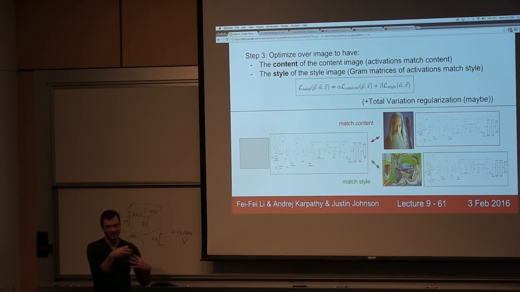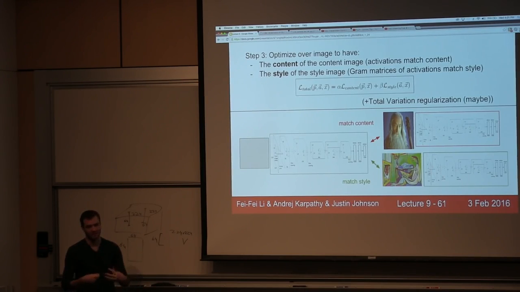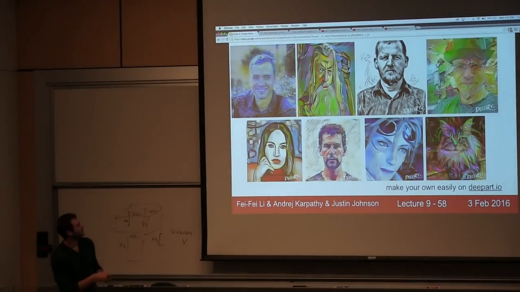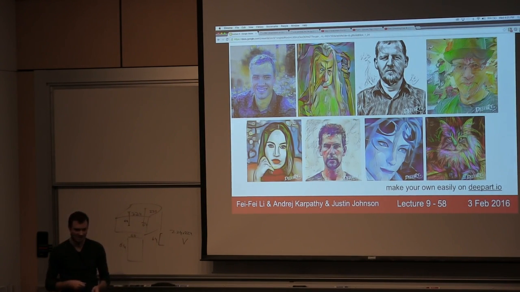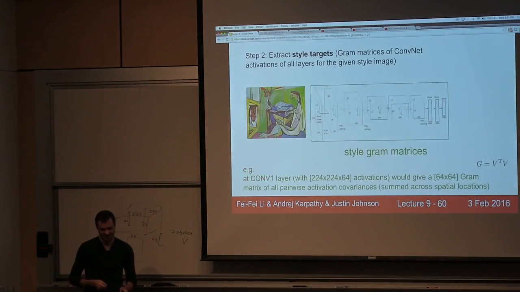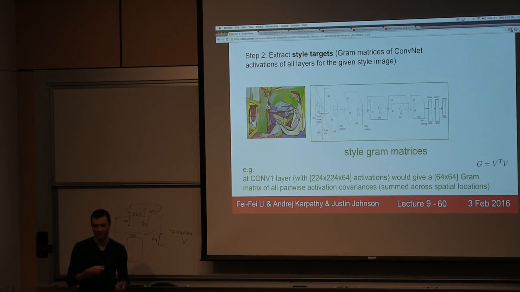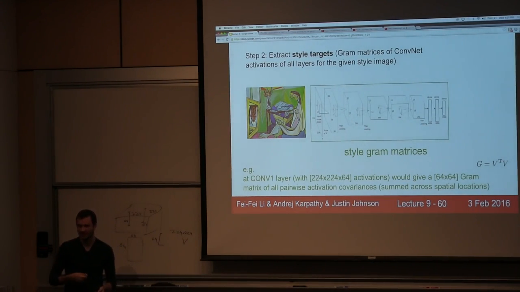It will look like a Picasso painting, but it will be completely permuted because all the spatial information is not reconstructed very well. The style mostly just tells you about the kinds of strokes that you have. For example, here in the Van Gogh, these brush strokes are just perfectly summarized, and the content part gives you the more global layout somehow. So a texture is better stored in these pairwise activations, is kind of the point there.